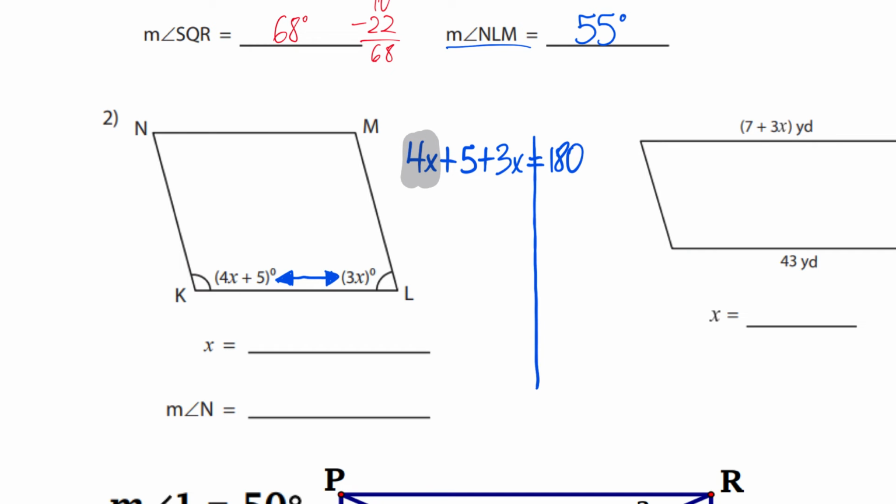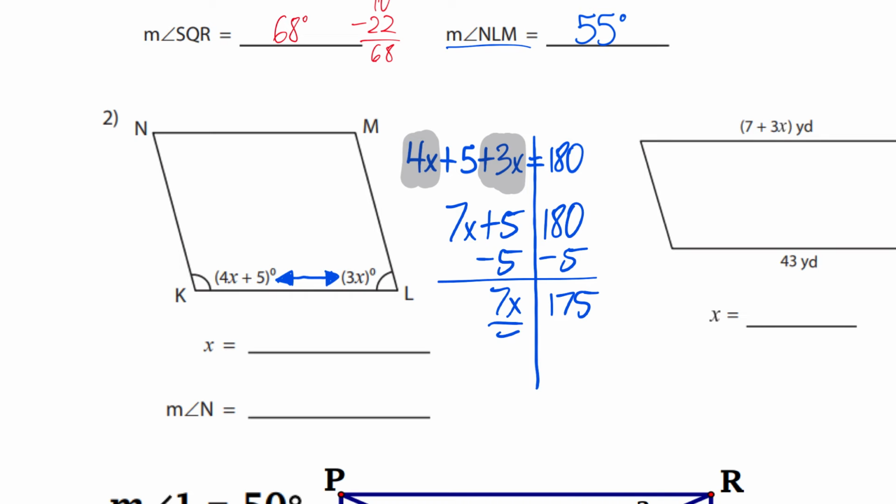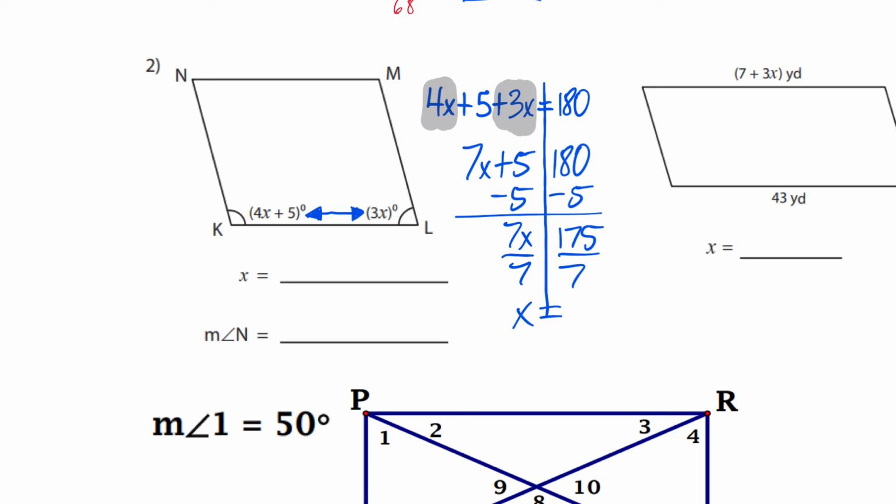So we'll combine like terms, 4x and 3x makes 7x, still with the plus 5, equals 180. Minus 5, 7x equals 175. Divided by 7, x equals 25.